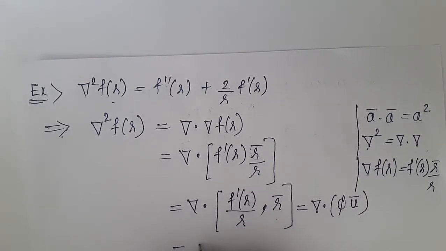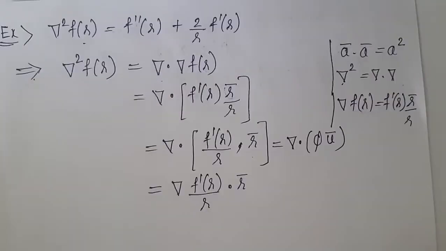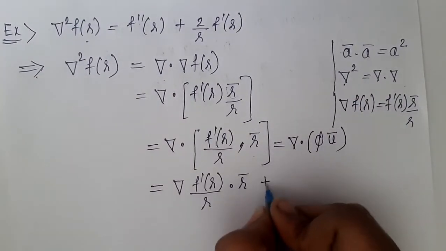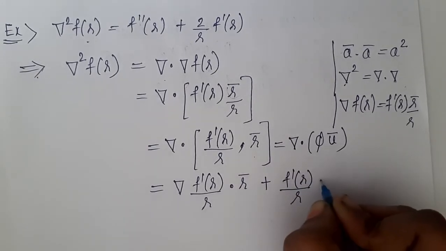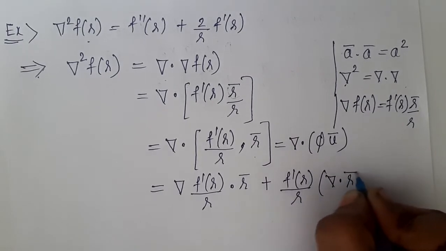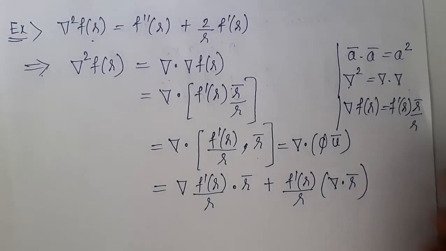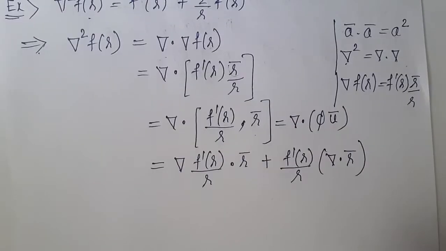So del phi means del of f dash of r divided by r, dot product with the u vector, which is r vector, plus f dash of r divided by r multiplied by del dot r. Now again, del dot r is a standard result. We know del dot r is equal to 3.